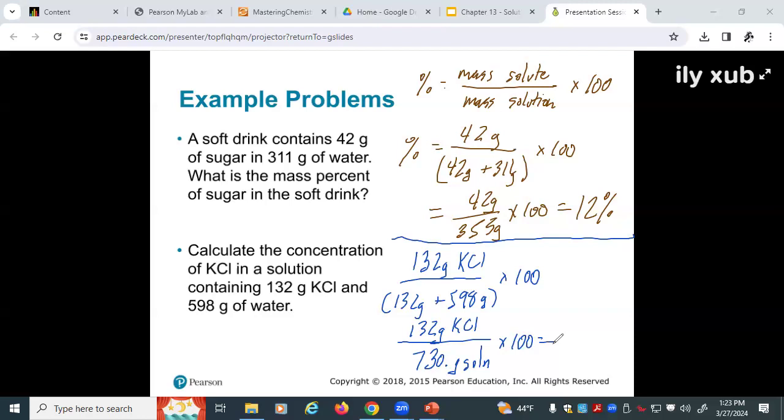So 132 divided by 730 multiplied by 100 to 3 digits this time, because I've got 3 in the numerator and 3 in the denominator, it would be 18.1%.